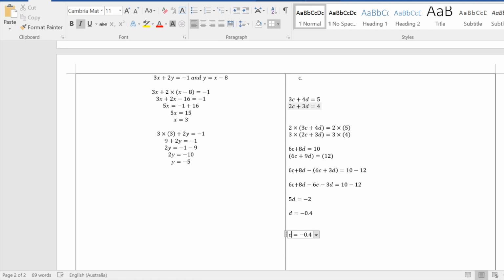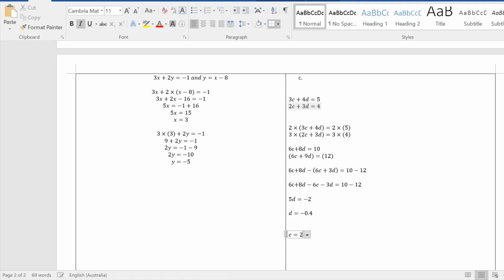That's 5.2. Divide that by 3. I can't be right. Oh, sorry, it's divide by 2, not divide by 3. I'll have to do that again. Sorry, guys. So 4 minus 3 times negative 0.4 is 5.2, divide that by 2, I get C is equal to 2.6.